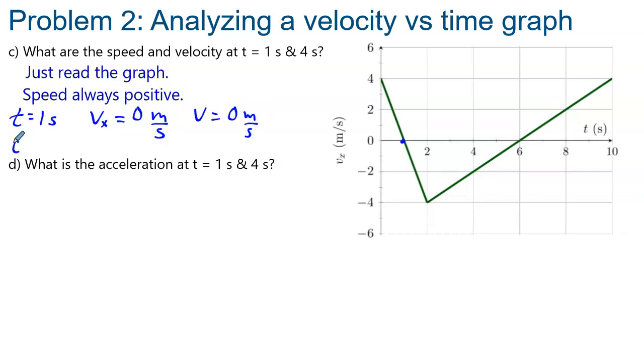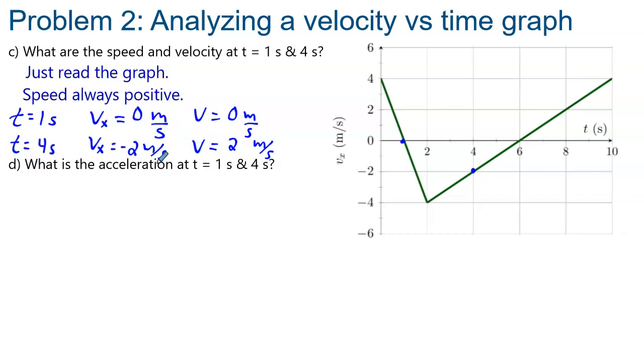Okay, and finally at t equal to 4 seconds, we are at this point here, so you can see that the velocity will be equal to -2 meters per second, but the speed will be equal to +2 meters per second. Alright, so I remind you that when there is the subscript x, we're referring to the velocity. Without subscript, that's the speed.